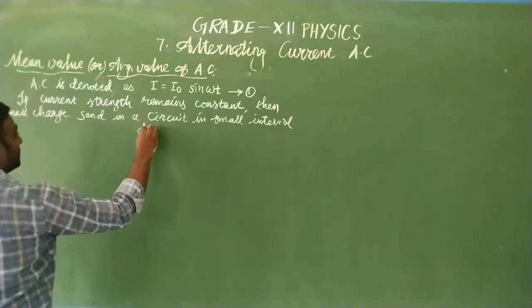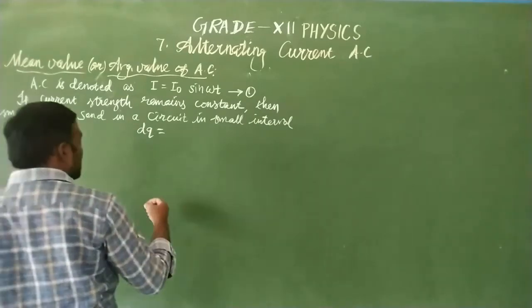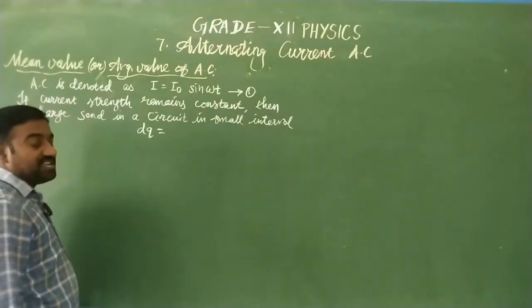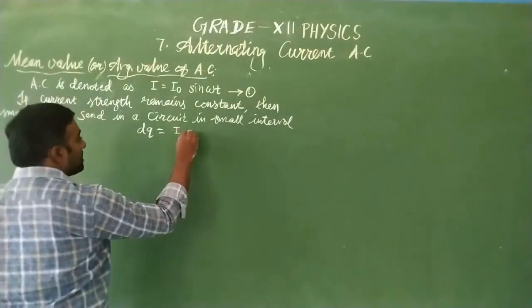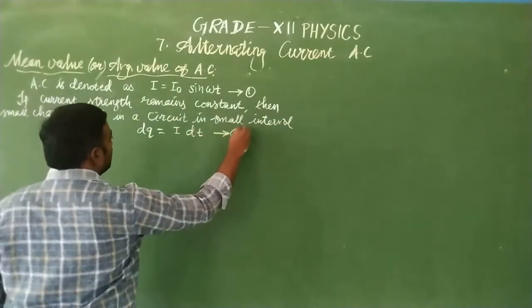I is equal to dq by dt. So dq is equal to I into dt. This is equation number 2.